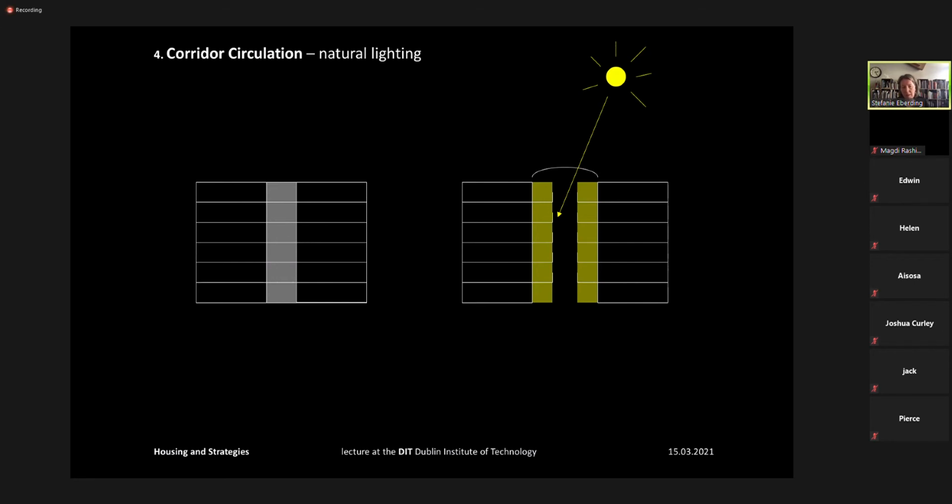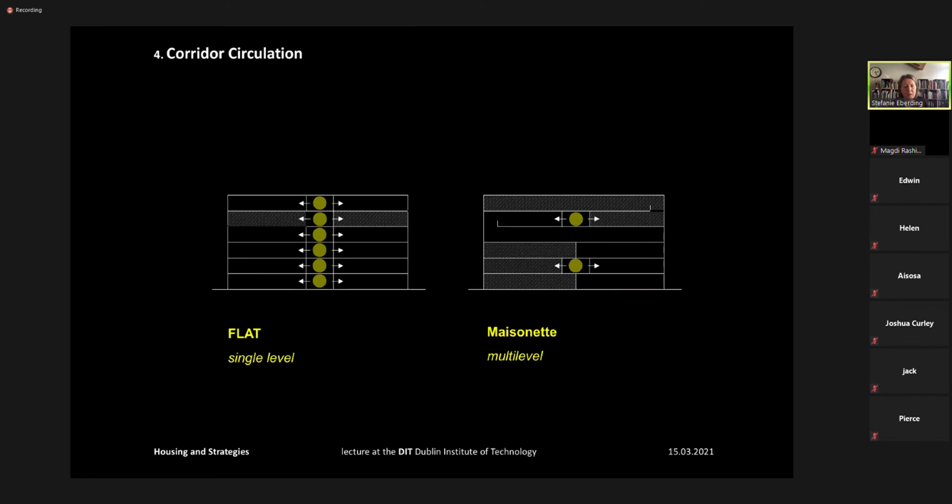Otherwise, you need artificial lighting, which is not very good for energetic aspects. So you have to somehow get light into your building.